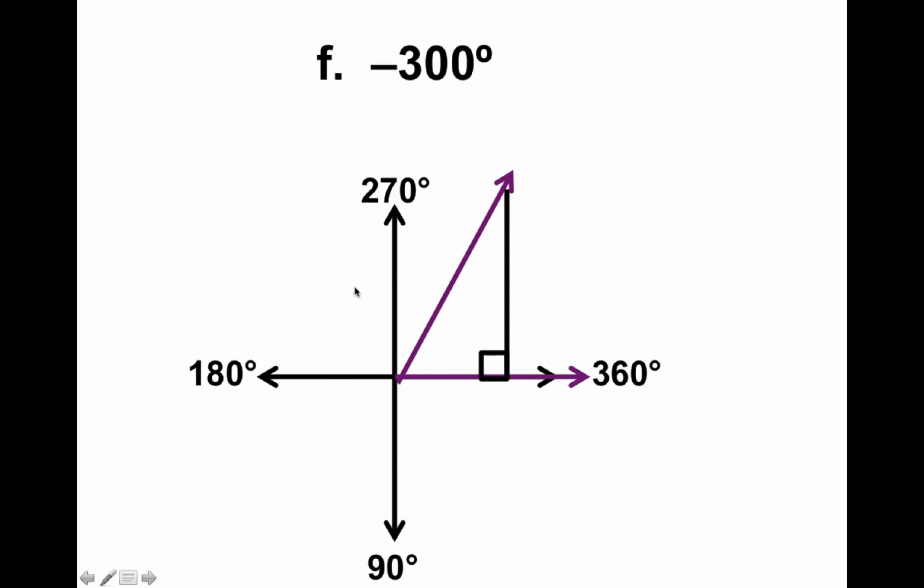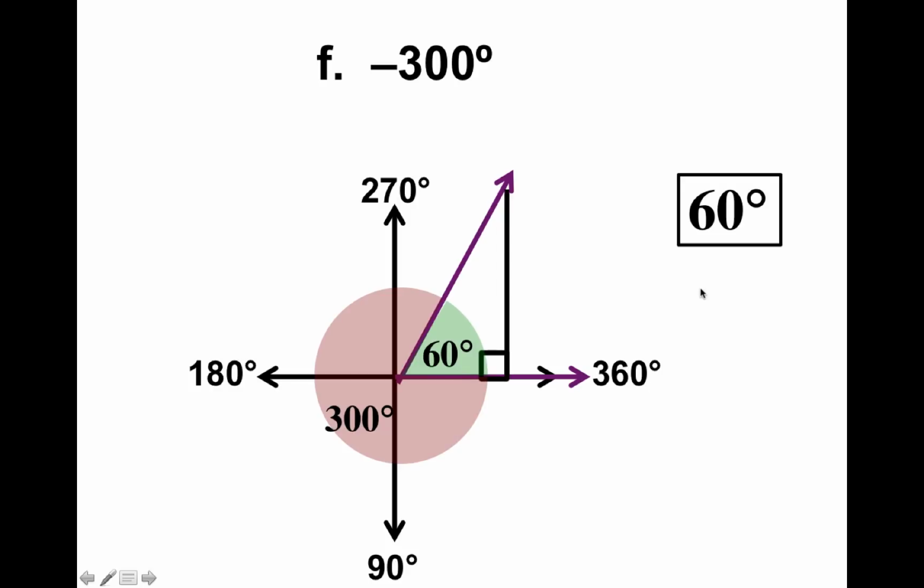So if this part was 300 degrees, we're looking for how much is left in the triangle. So notice if it's a full circle, this would be 60 degrees. Make sure you're never finding the angle over here outside the triangle. We're always looking for the angle inside the triangle. So this is a 60-degree reference angle.